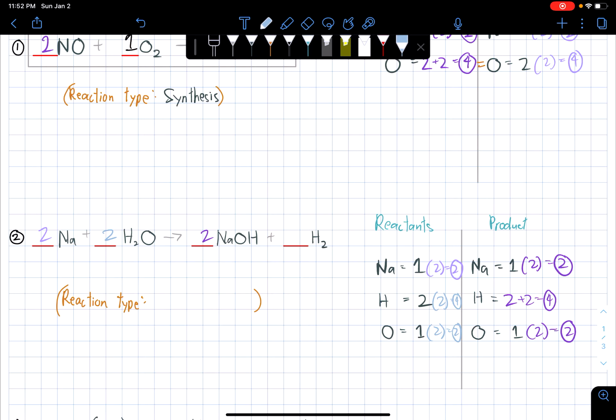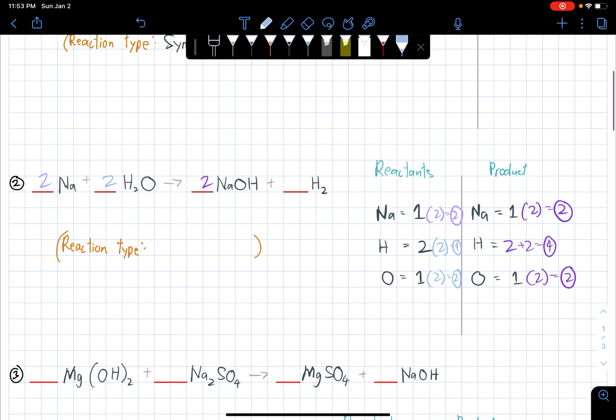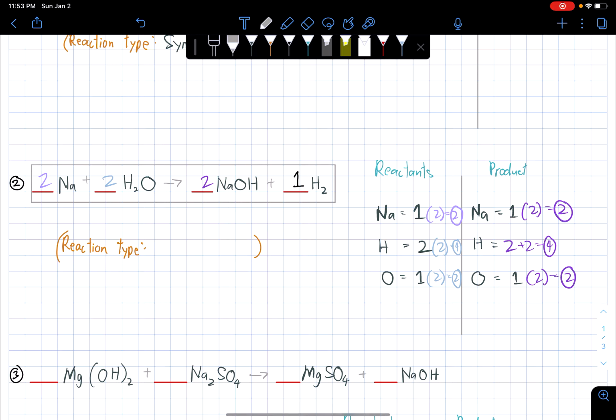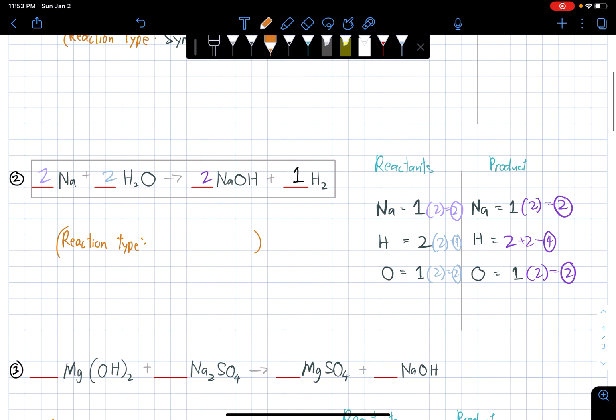Technically, hydrogen and oxygen are already equal, respectively. And in that case, it leaves us to consider this H sub 2 with a coefficient of 1. So this is our final answer. This chemical equation is now balanced. And for the chemical reaction type, it's going to be single displacement.